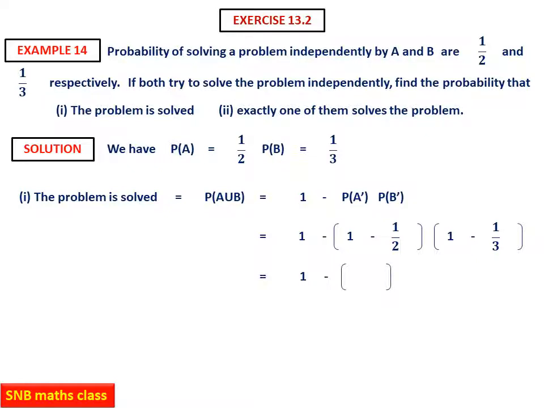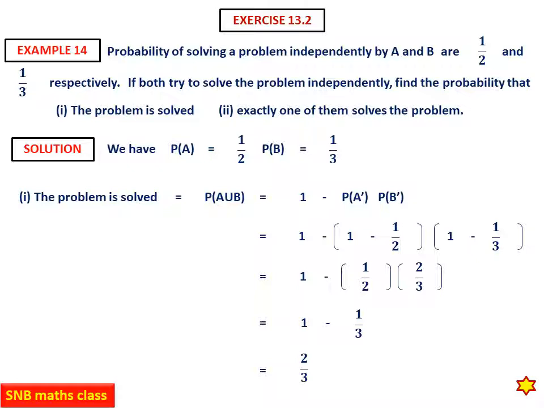So this will be equal to 1 minus 1 by 2 into 2 by 3. So this we can simplify. 2 cancels here, so it is 1 by 3. 1 minus 1 by 3 is 2 by 3. Therefore, the probability that the problem is solved is 2 by 3. So this is the first part.